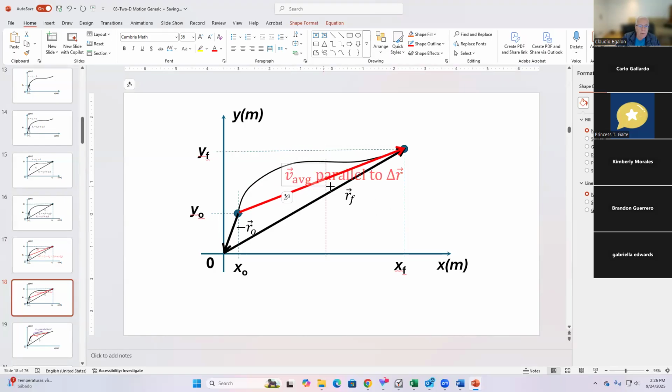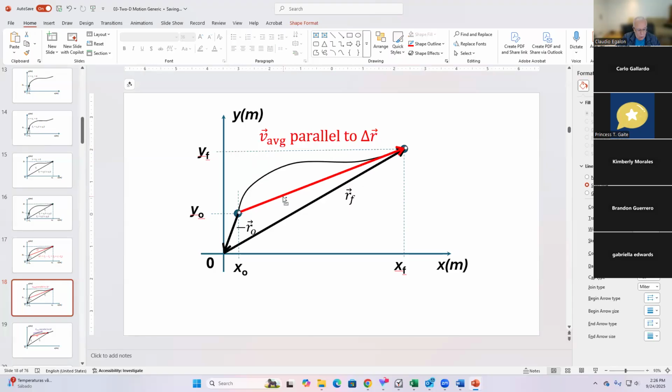V average is parallel to delta R, and I can even draw another vector right here. I want to put them with a different color.